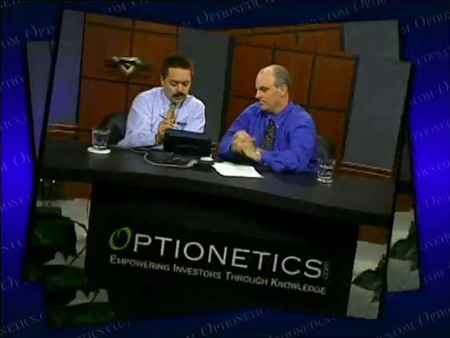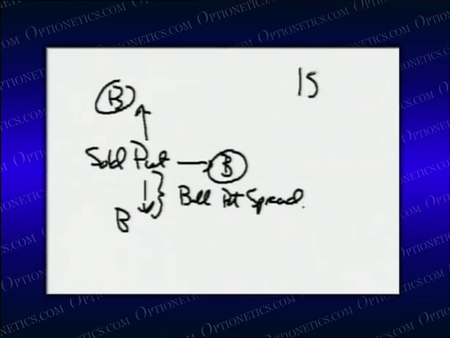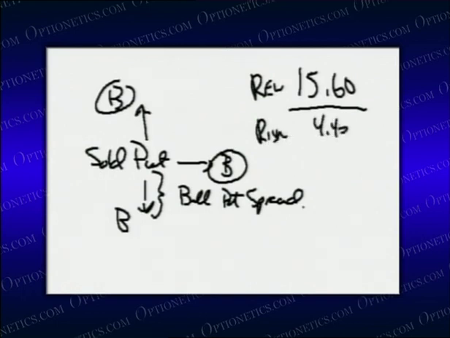If we're going to take in, say, 1560, just like our last example, this is my reward, and if my risk is 440, well, I'm taking double the risk. So I'm really looking at about $8.80 on this particular trade. And when my position drops to where I can buy the trade back for a profit of $8.80, I'm basically doubling my risk. I'm going to take half the trade off.